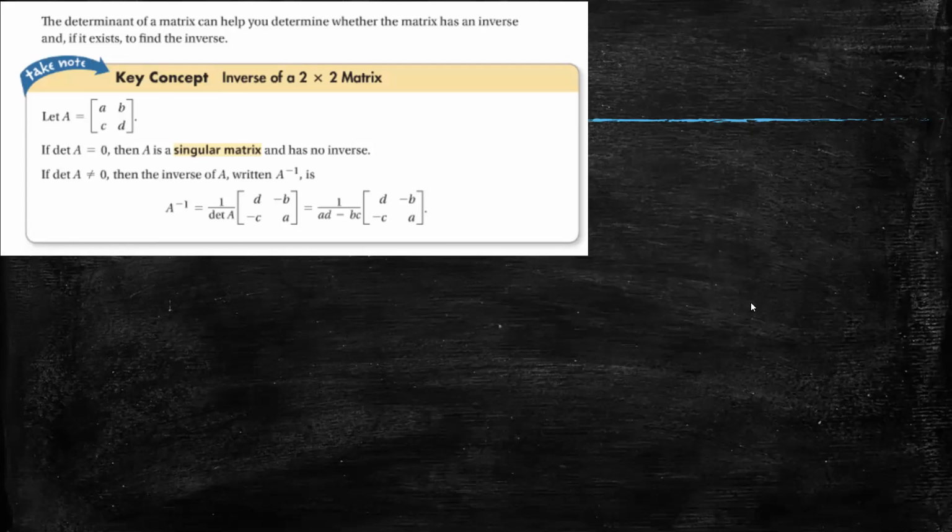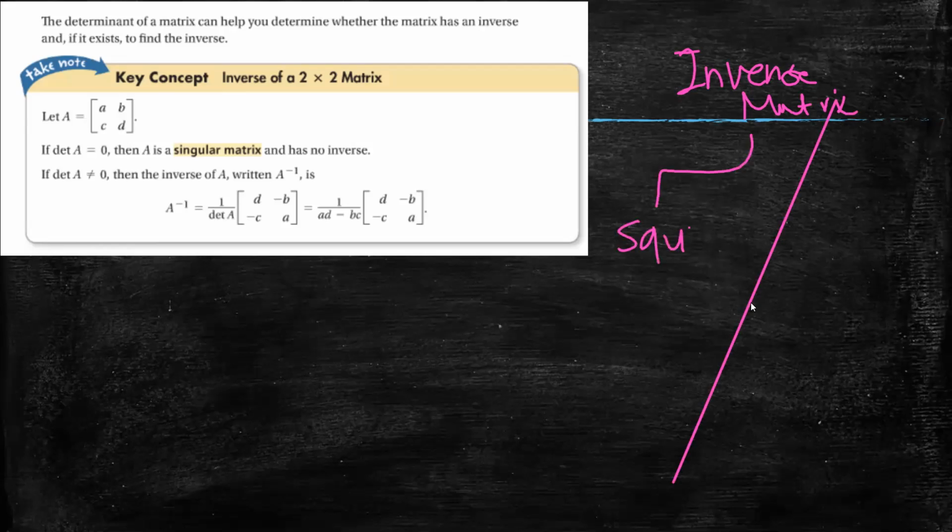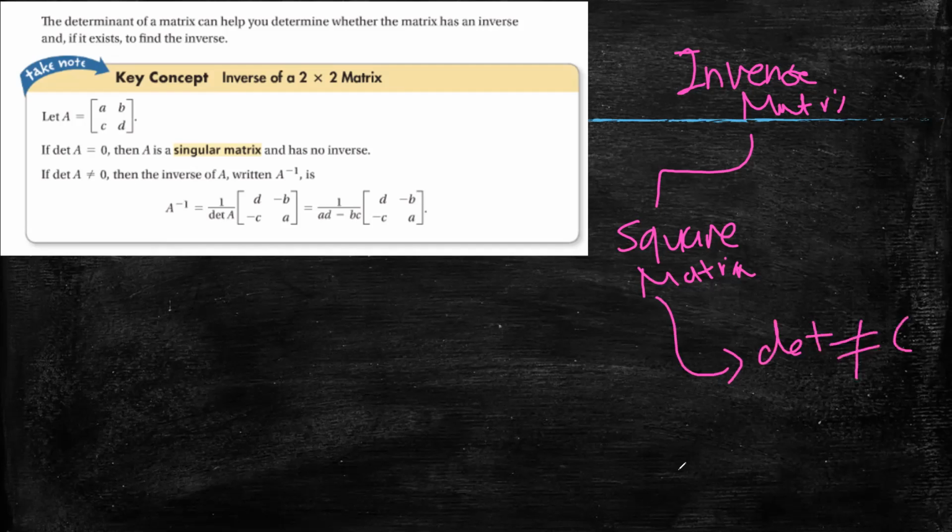So as I told you, to find the inverse matrix, I must have a square matrix, and for this square matrix, the determinant must not be equal to 0. If it's equal to 0, I call it a singular matrix and there's no inverse matrix for it.